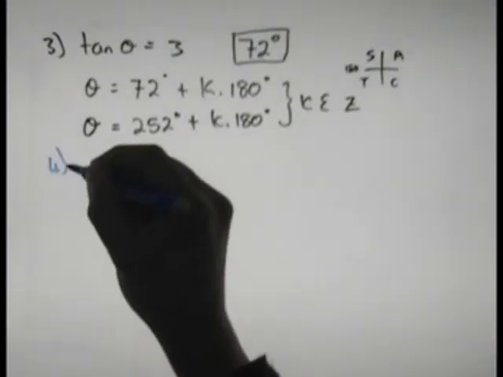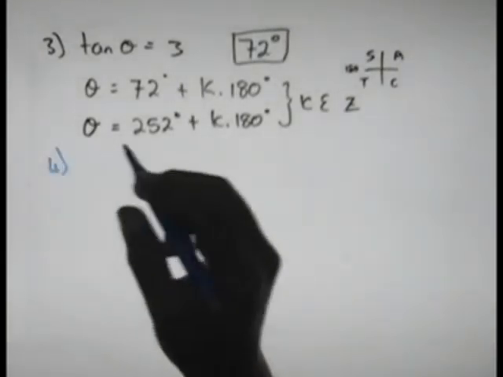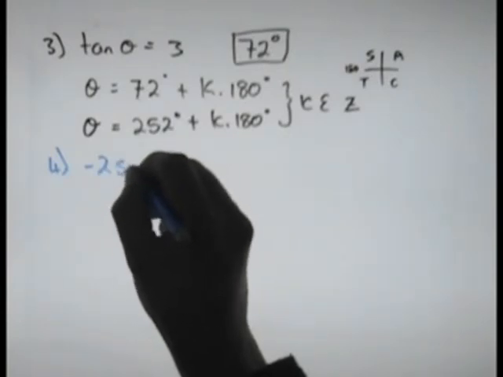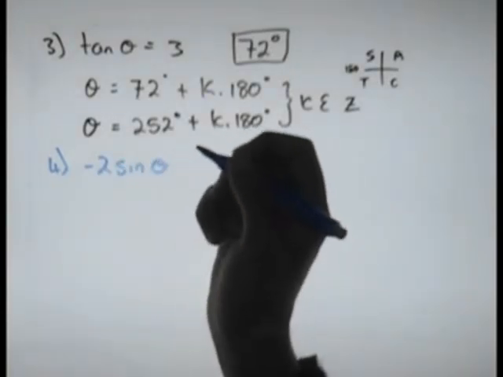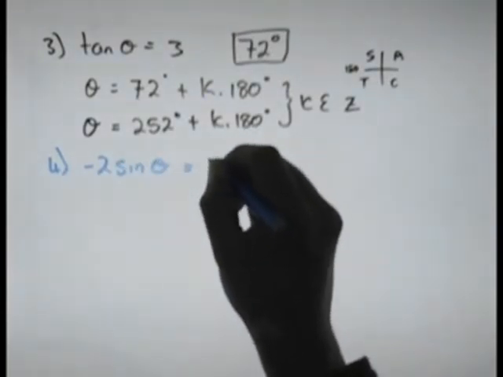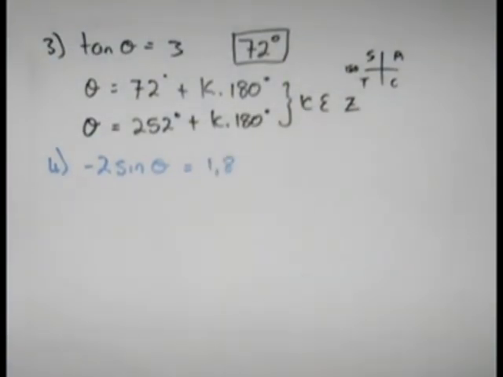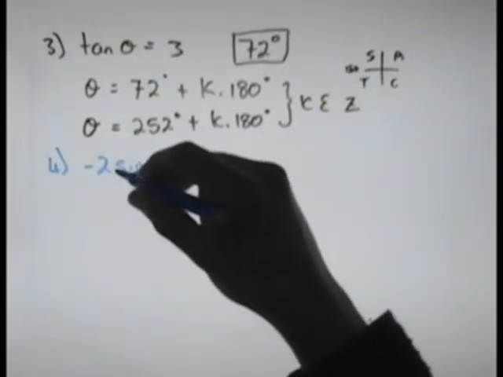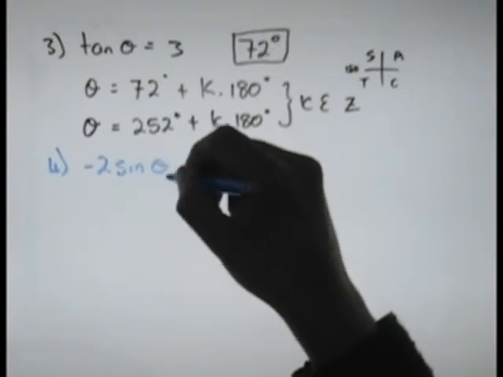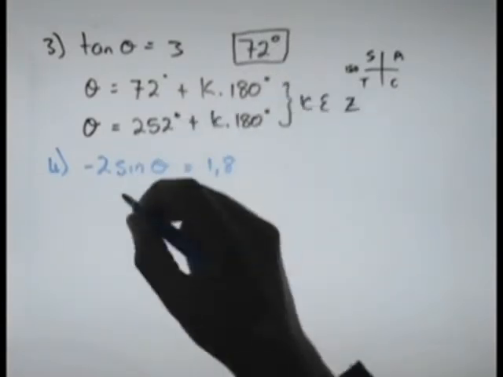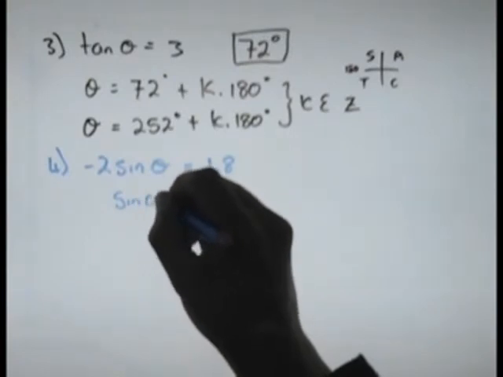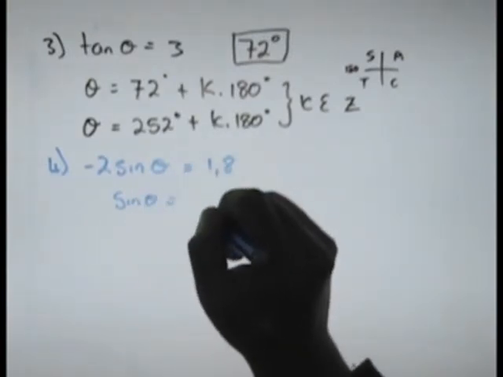Number 4 says -2 sine theta is equal to 1.8. Now, with this one here, before we can get the general solution or any form of solution, we've got to get sine theta on its own.